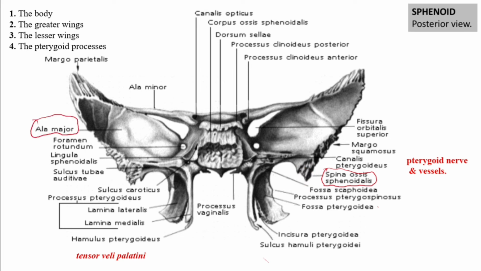Okay, you can see the major wing, the greater wing of the sphenoid. Remember this is the posterior view, so this surface is actually the cerebral surface. You can see the lesser wing, and the optic canal here, canalis opticus, and here there is the dorsum sellae, labeled here.